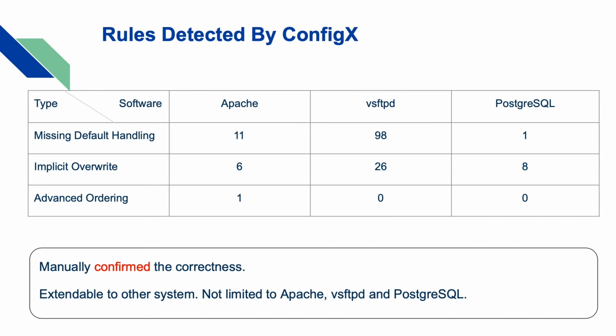This is the breakdown of the rules detected by ConfigX across three systems: Apache, vsftpd, and PostgreSQL. The reason we chose these three systems is that they are widely used open source systems, and we manually confirmed the correctness of all the detected rules.